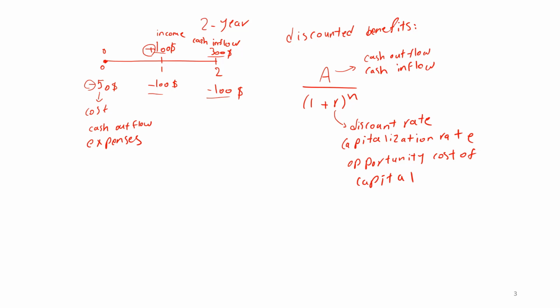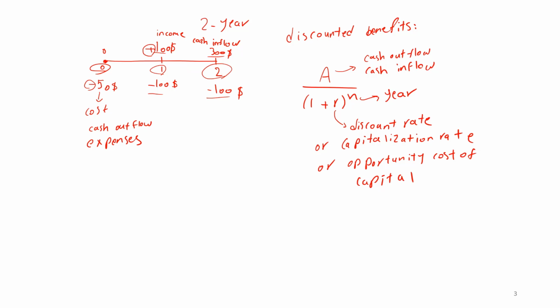So we call it discount rate, capitalization rate, or opportunity cost of capital. What is N? N here is the year. So if it's today, we should put 0 instead of N. If it's after 1 year, we should put 1. If it's after 2 years, we should put 2 here.